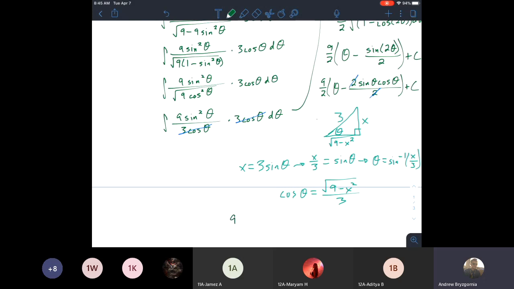It's going to end up being 9/2 times theta, which is right there, arc sine of x over 3. Then it was minus, and then we need sine times cosine. Here's my sine equation, here's my cosine equation. So it's x over 3 times the square root of 9 minus x squared over 3, plus c.